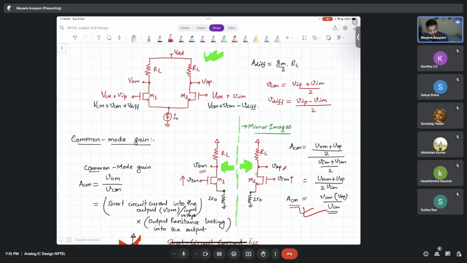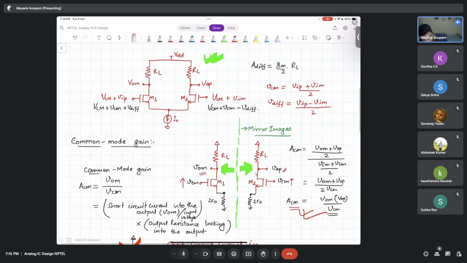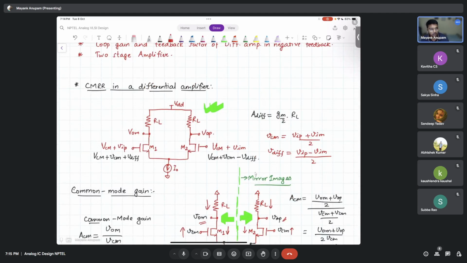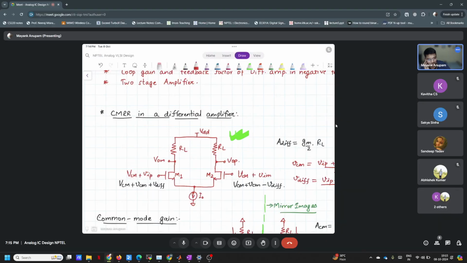Because of that, we know that the same amount of small signal current is going to flow through both of these transistors, correct? Are you able to understand that? Yes.